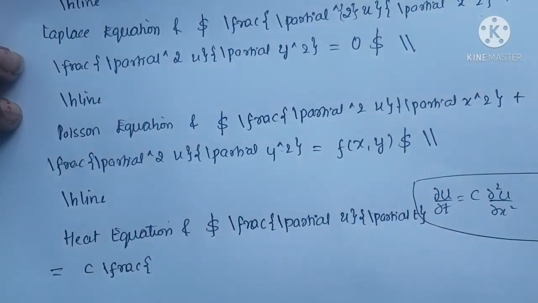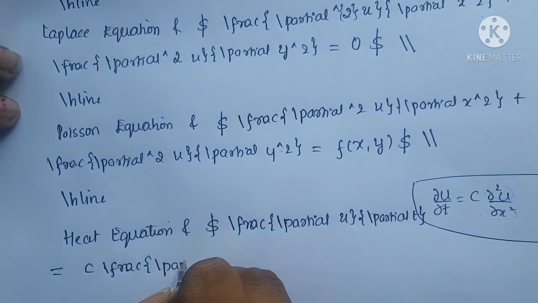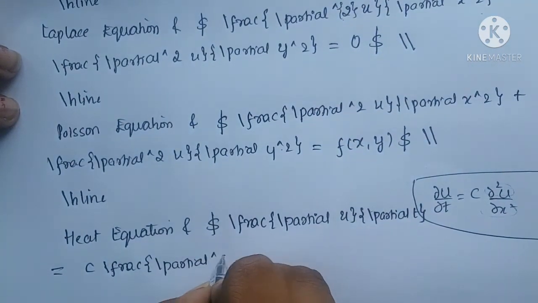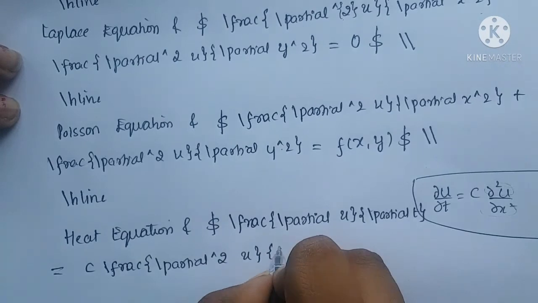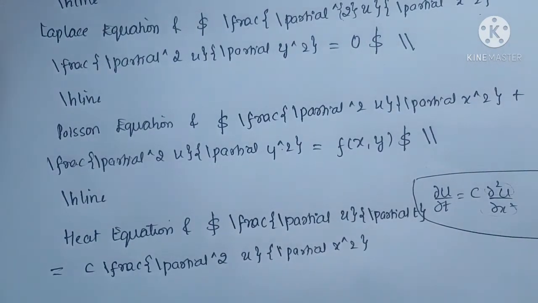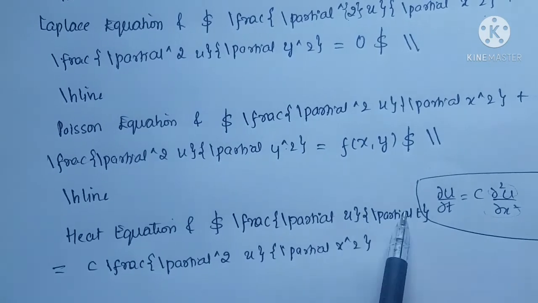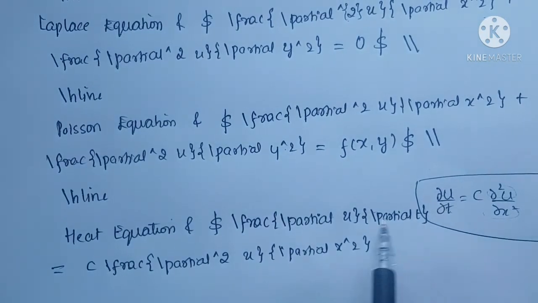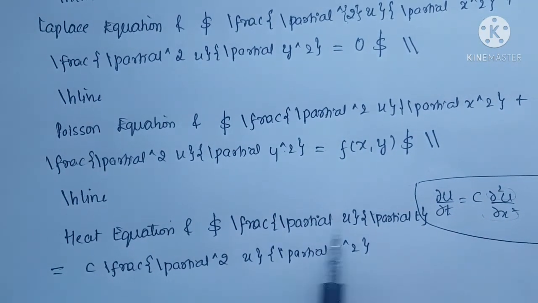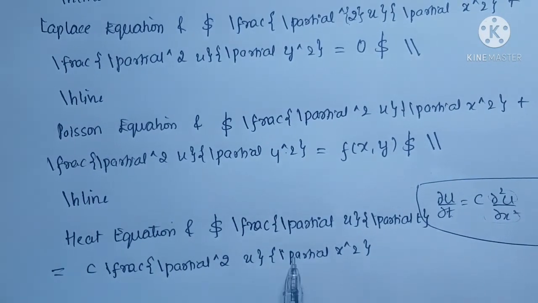Since it is fraction, numerator, denominator: first numerator backslash partial^2 u, denominator backslash partial x^2. Got it? Fraction of dou u by dou t equals c fraction of dou square u dou x square.